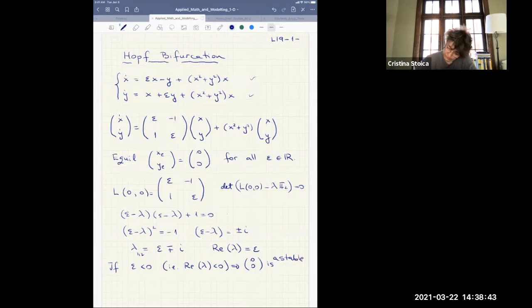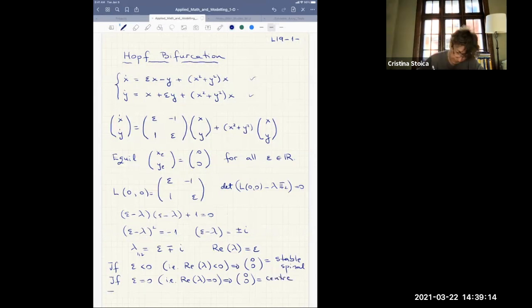It's a spiral because we have that i there anyhow, so it will be a spiral no matter how we put it, or a center. Now if epsilon is 0, then this equilibrium is a center.